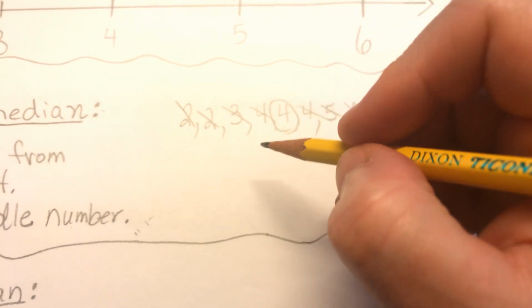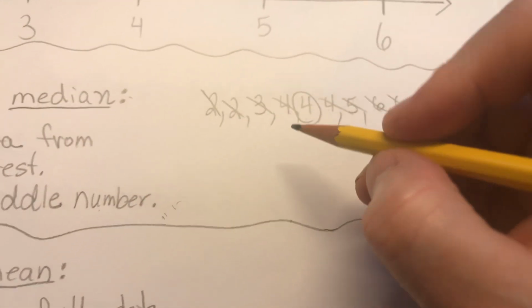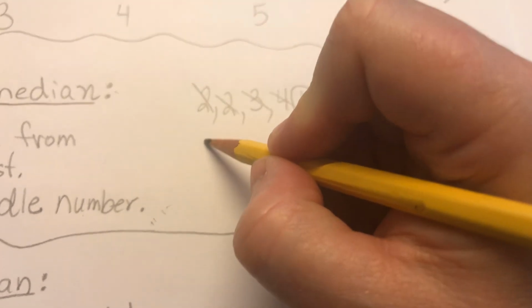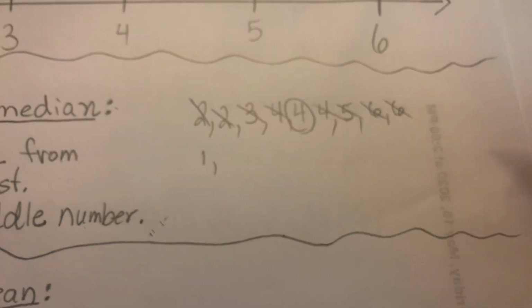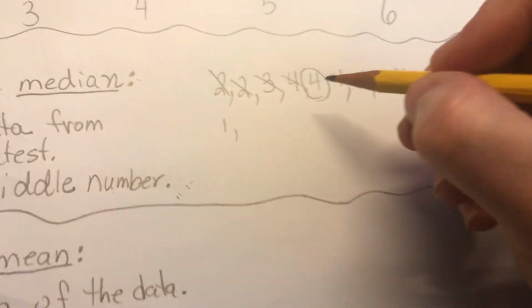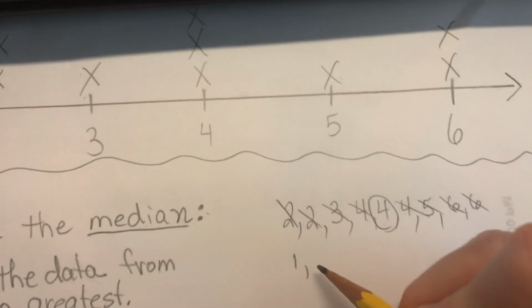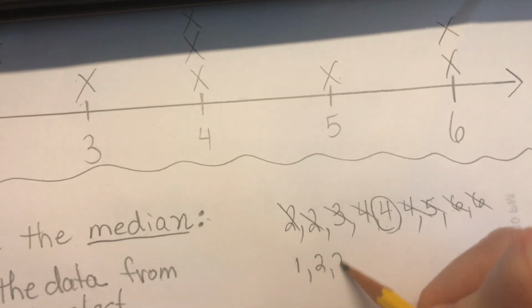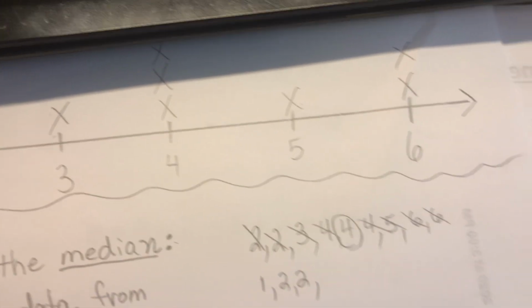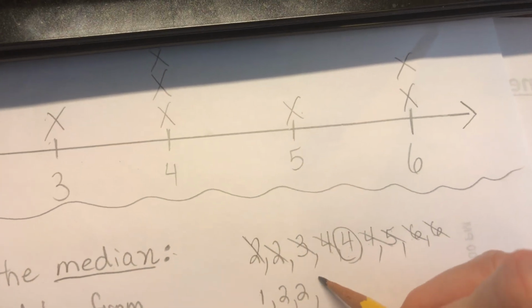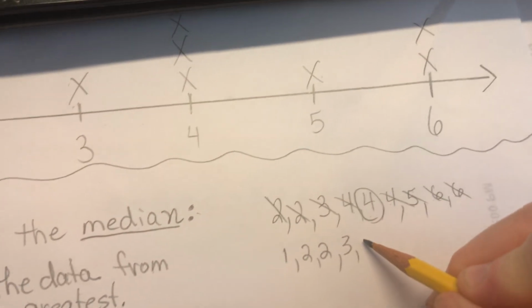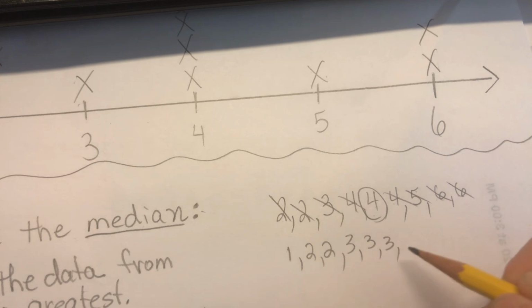I'm going to write it here. So we're going to take that information, and we have 1 person said 1, so I put 1, 1. 2 people said 2, so I put a 2 and a 2. 3 people said 3, so I'm going to put a 3, a 3, and a 3.